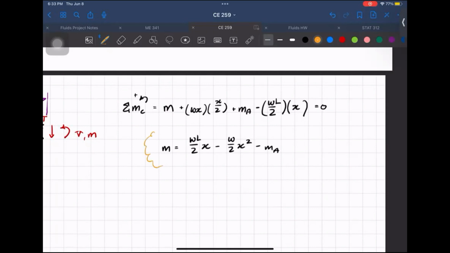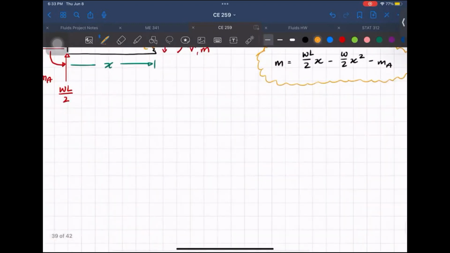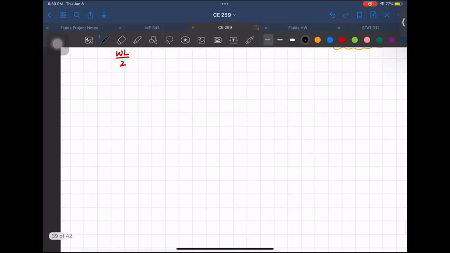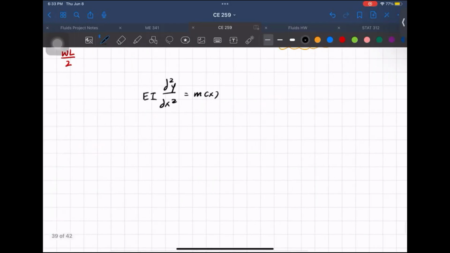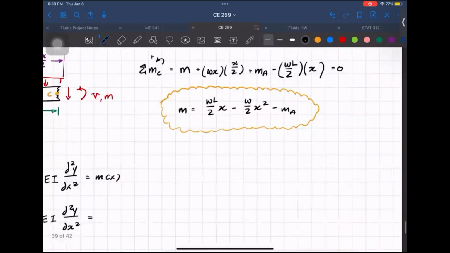Now that we have an expression for M, the internal moment of the beam, we can use the following equation to solve the problem. If we plug in for M, we would have this.